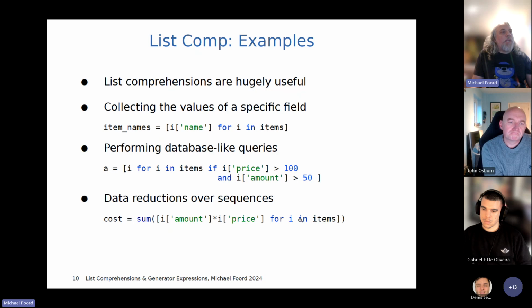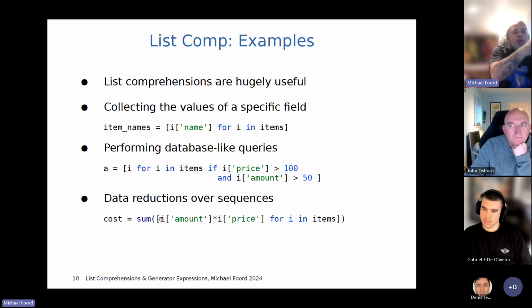For i in items, each item here is a dictionary with an amount and a price. So for every item, if we multiply the amount by the price, we get the cost of that item. So this list comprehension gets us the cost of every single item. That is the input to sum, which reduces this sequence to a single value, the total. It's a map reduce operation.